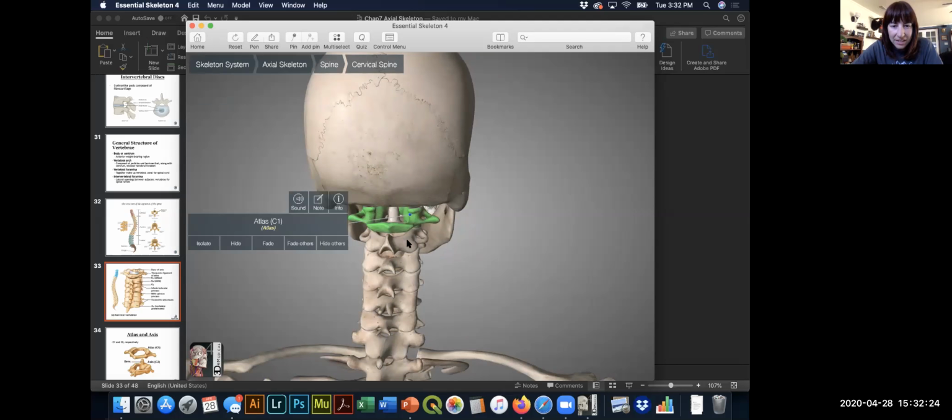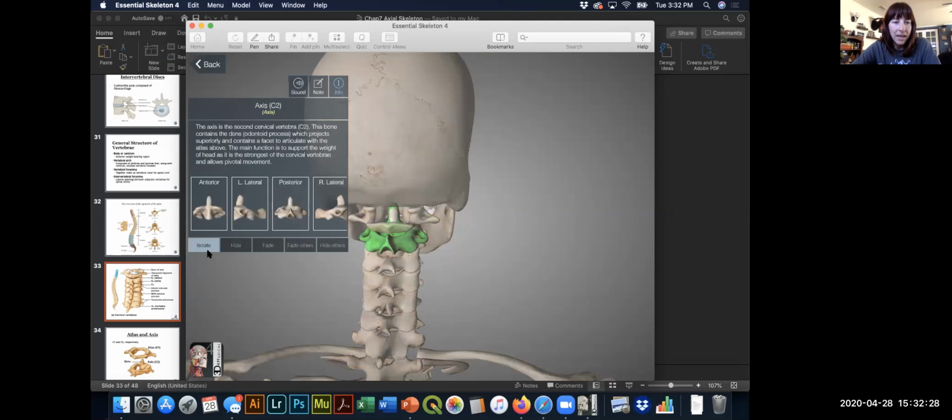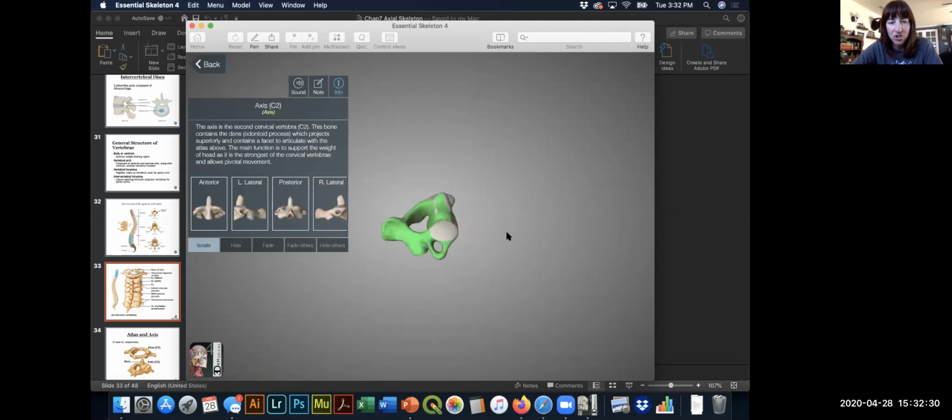The atlas, which is your C1 vertebra, has a very special structure in lieu of a vertebral body, right? This here is called the dens. So the dens fits up through the atlas so that you get that pivot joint, right?